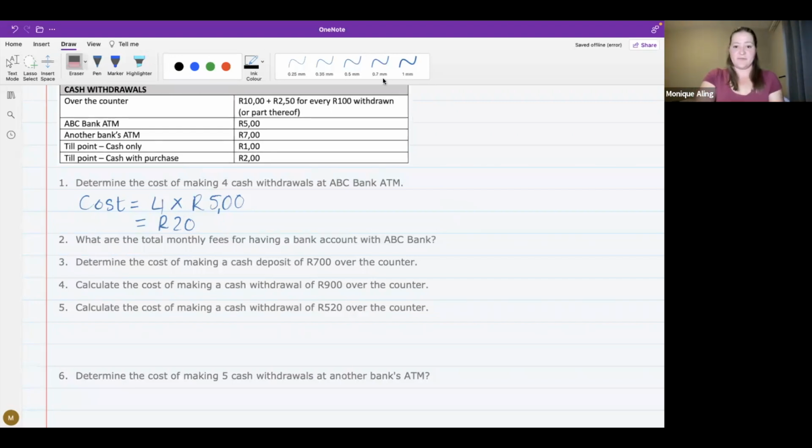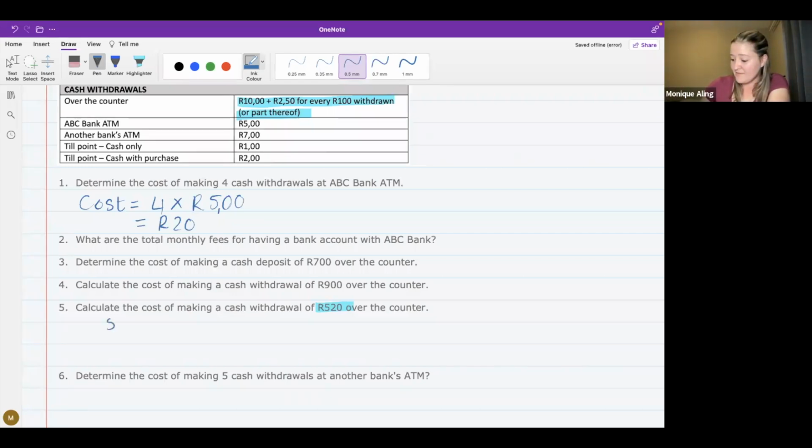Okay, so first one, I think it still tricked some of us. We are looking at the same bank charge as the previous question. However, we're looking at 520 Rand. So it is 2.50 for every 100 Rand or part thereof.